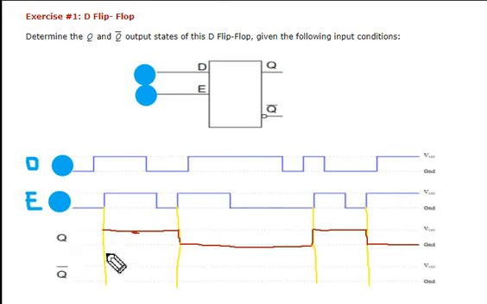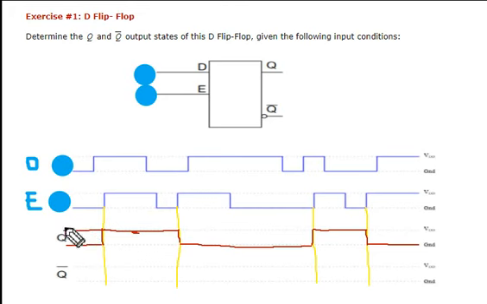Now you might be wondering, what happens over here? Since there is no prior rising edge to the one that we encountered over here, we cannot determine the output state of Q in this instance. So what we do is draw something like this.